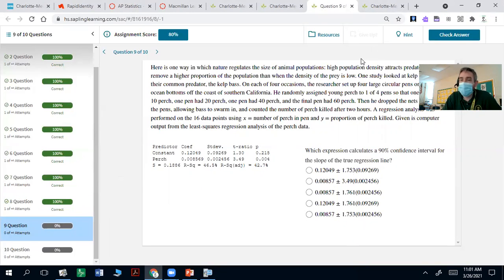Now this one's pretty similar, so if you want to try this one and see if you can follow the same procedure we did on the previous problem, take a minute to do that if you haven't done it yet.